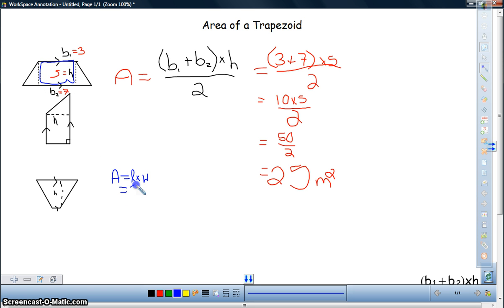So we have 3 times 5, 15 meters squared. And then the area of the triangles. Now here we would be assuming that in this trapezoid this piece and this piece are equal. So it'd be an equilateral triangle. It would not work in all of the cases.